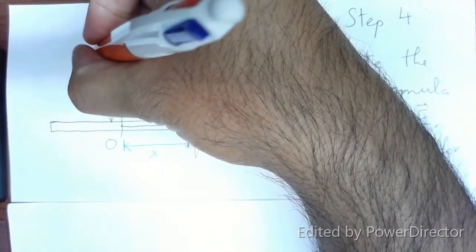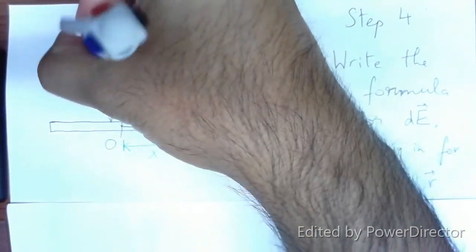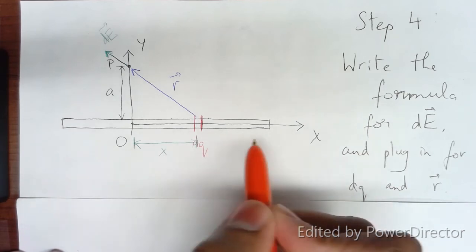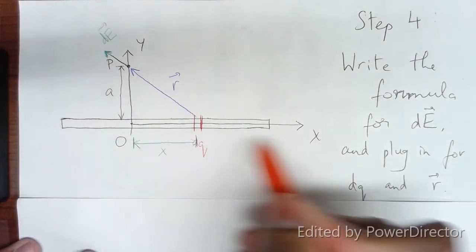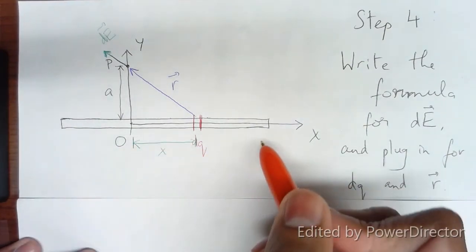This is our little dE. As this process continues, when we get to the integration step, what's going to happen is dq is going to move along this charge distribution.